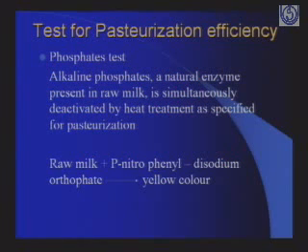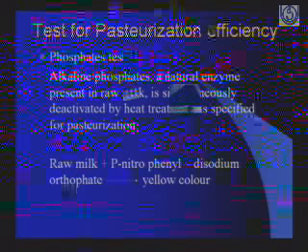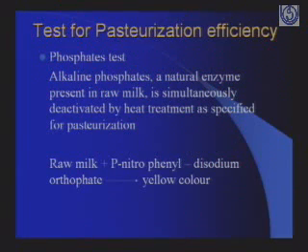So to judge the efficiency of pasteurization, the alkaline phosphatase, a natural enzyme present in raw milk, is simultaneously deactivated by heat treatment as specified for pasteurization. Raw milk is taken and p-nitrophenyl disodium orthophosphate is added to that. After addition, if milk is incubated, then there is a yellow color development.